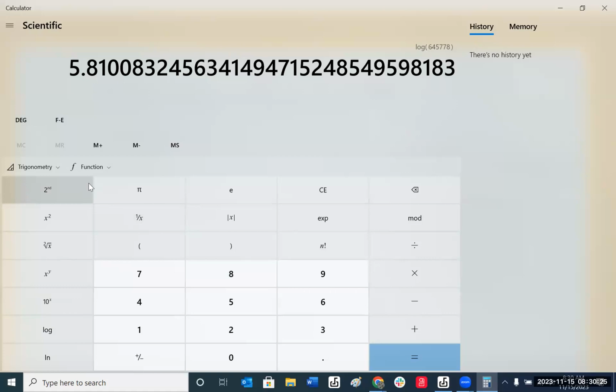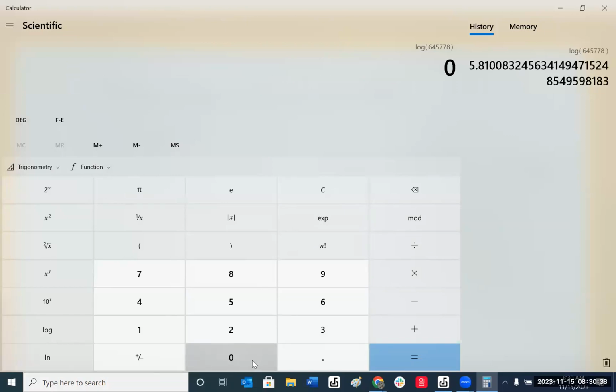Let's just plug it in there. I'll put times 0.